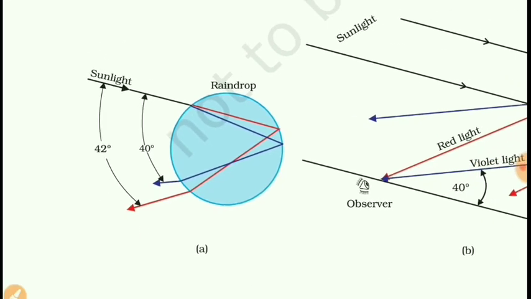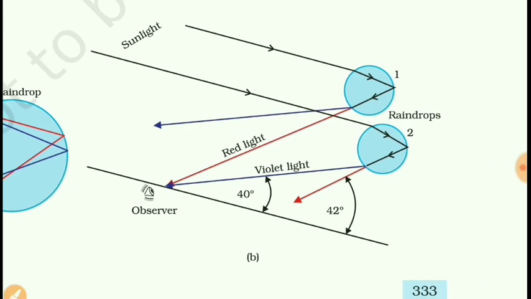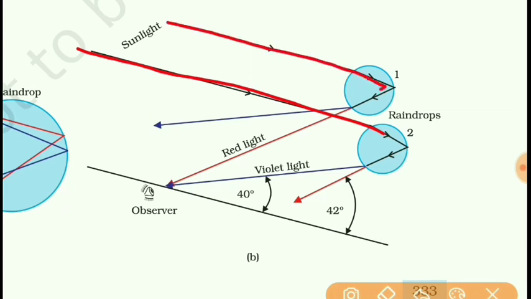So in this way, the rays coming from this side, when observed by the observer, the rainbow is seen. Here how it happens from the droplets of water is shown. Observer is here.